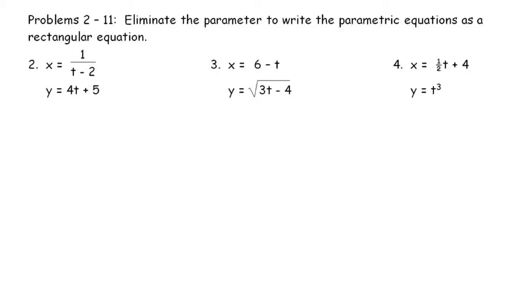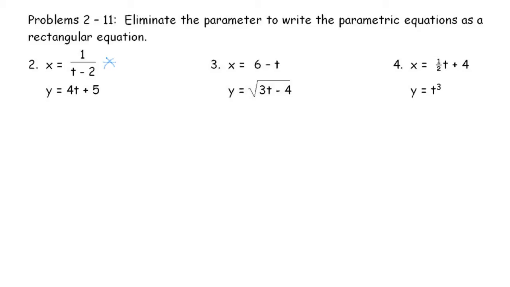Okay. Now for these next ones, we will be eliminating a parameter. So we need to rearrange these equations, and normally it's a great idea to rearrange the x equals equation starting here and then plug into what you're given for y. So if we choose to do that, let's see what we end up with.